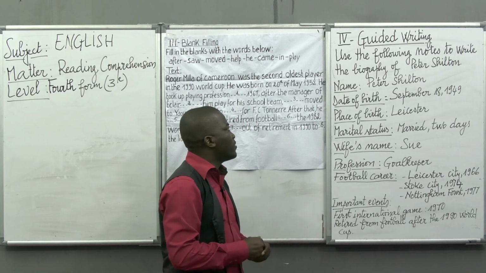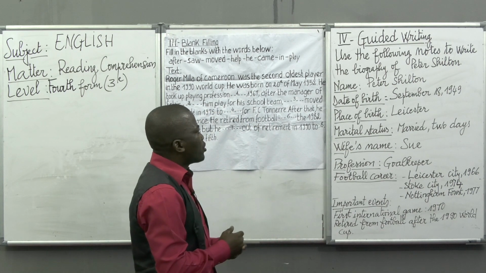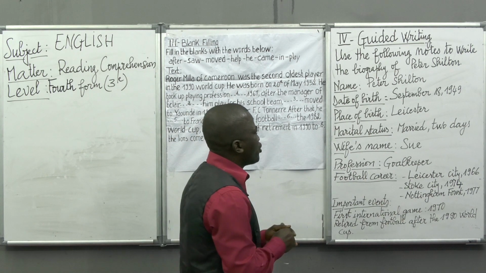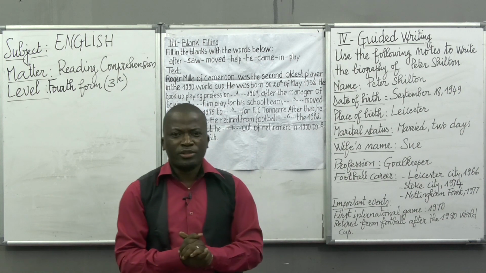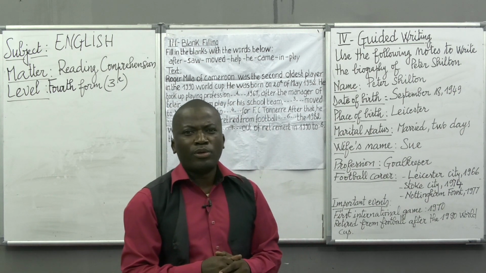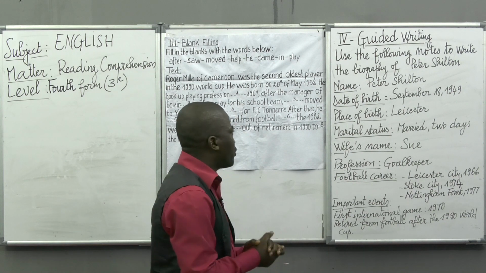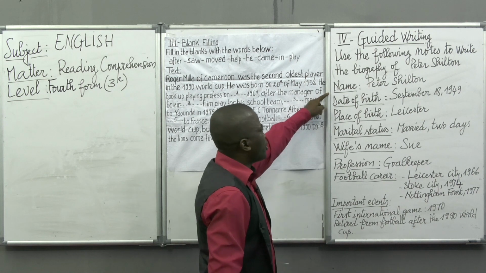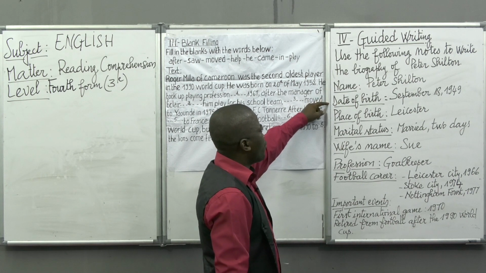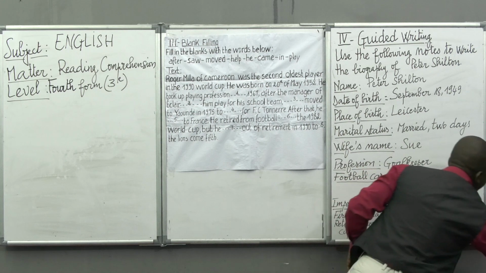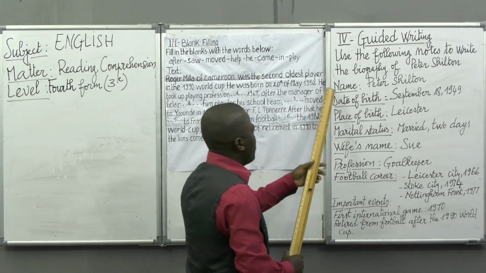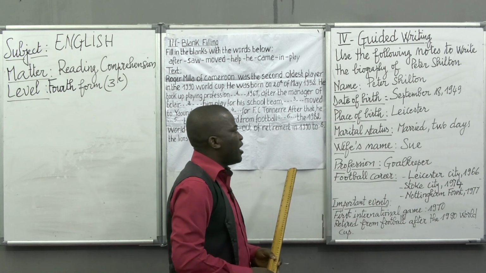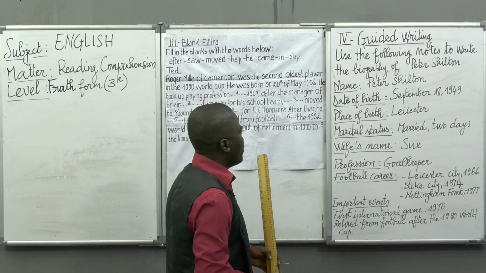Guided writing, class. Use the following notes to write the biography of Peter Shilton. He's a football player. Name, Peter Shilton. Date of birth, September the 18th, 1949.